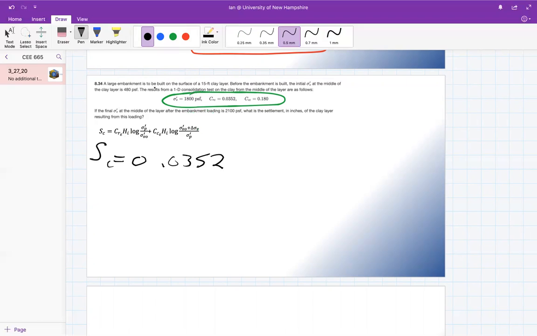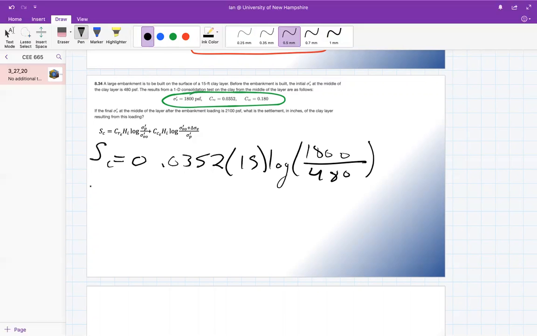And the embankment is built on a 15-foot clay layer, so we're going to say 15 feet because we're going to use the whole depth of the layer. Log of, well, we know sigma P prime is going to be this sigma V prime, so it's going to be 1800, over, and we are given that at the middle of the clay layer, this 480. So we're going to use that here on the bottom.